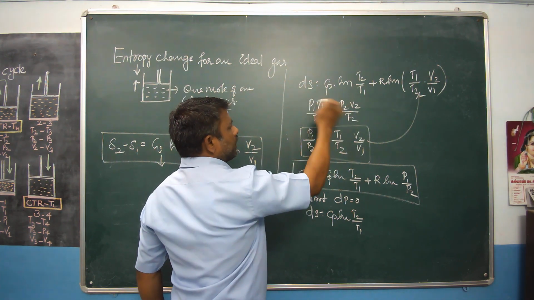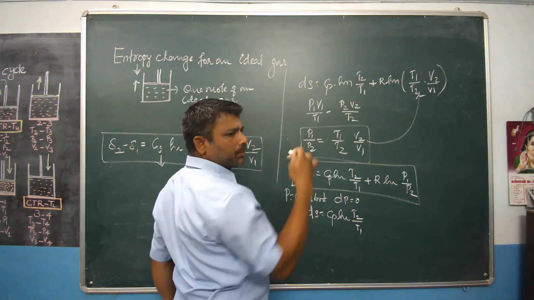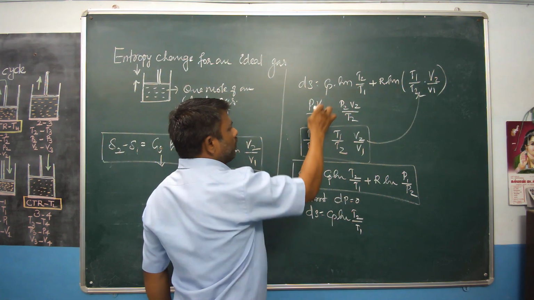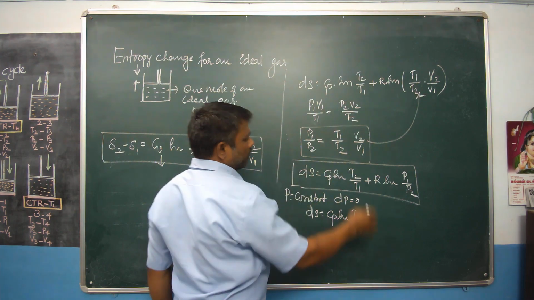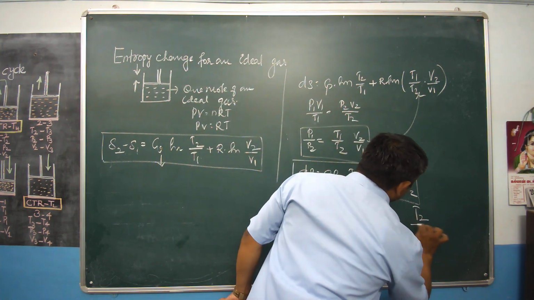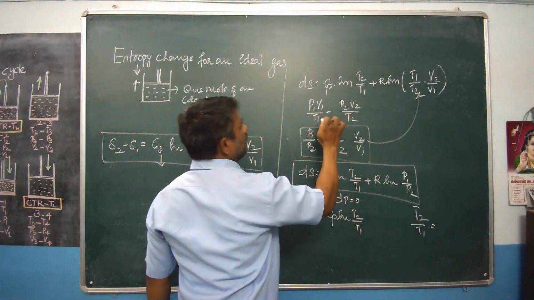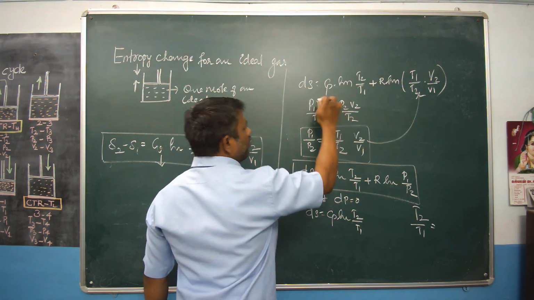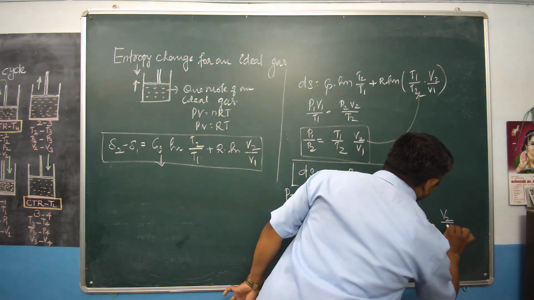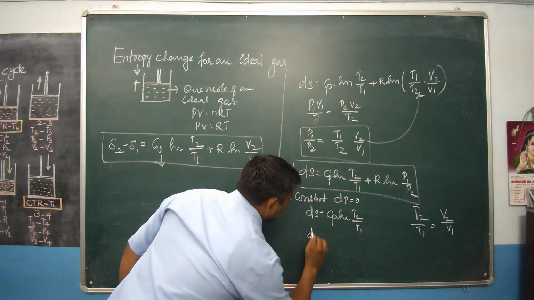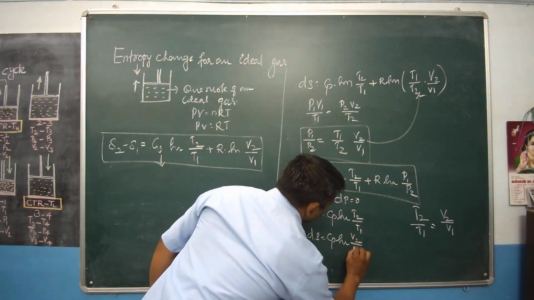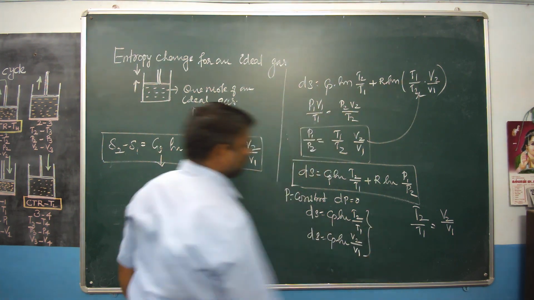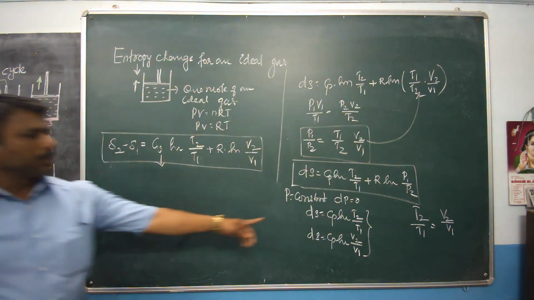In this relationship, P1 is equal to P2, pressure is constant. Hence, V1 by T1 is equal to V2 by T2. So T2 by T1 is equal to V2 by V1. So the other form is Cp into ln V2 by V1. Both are the same. This is the constant pressure process.